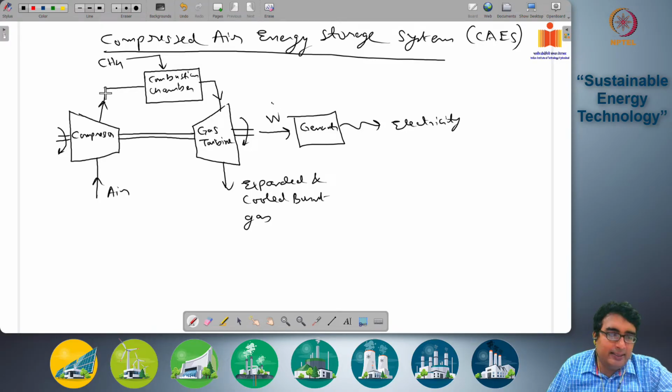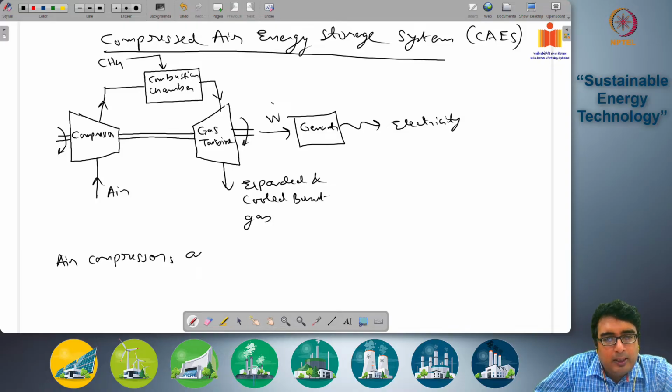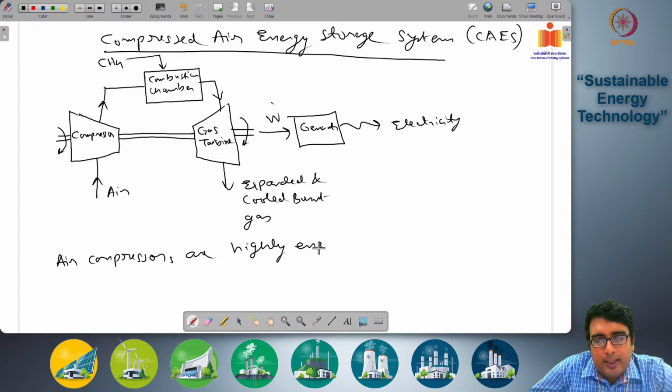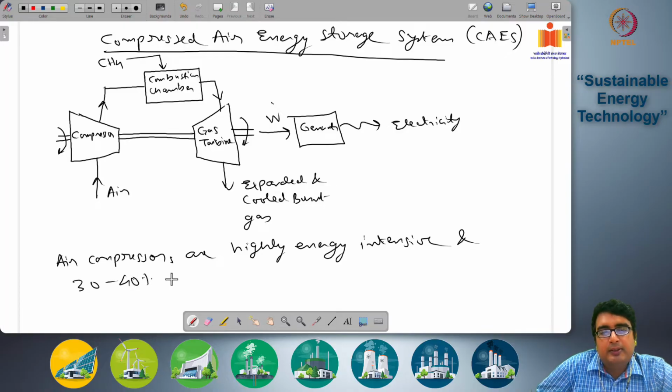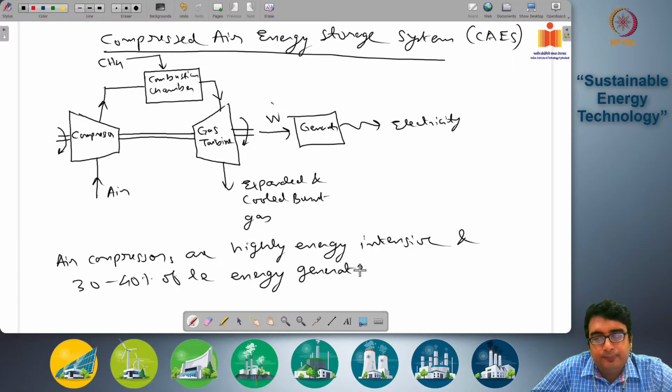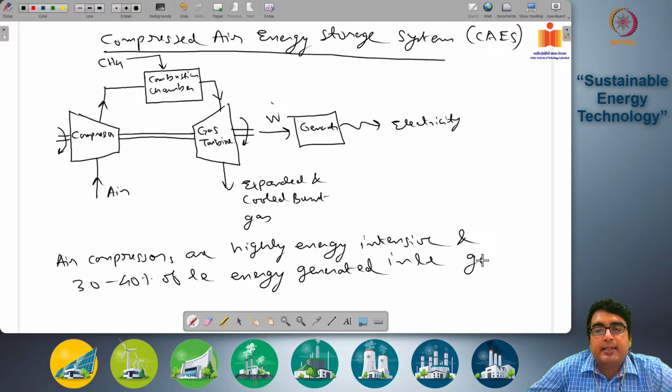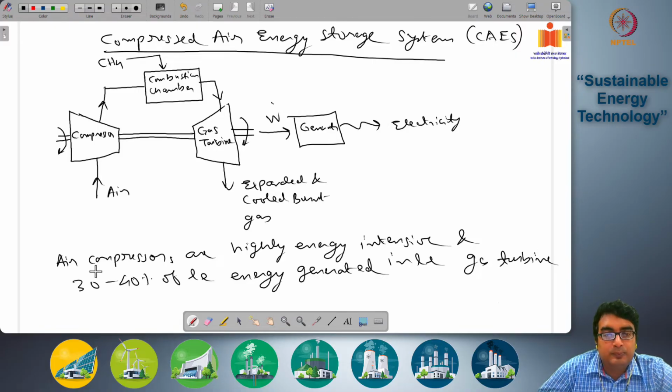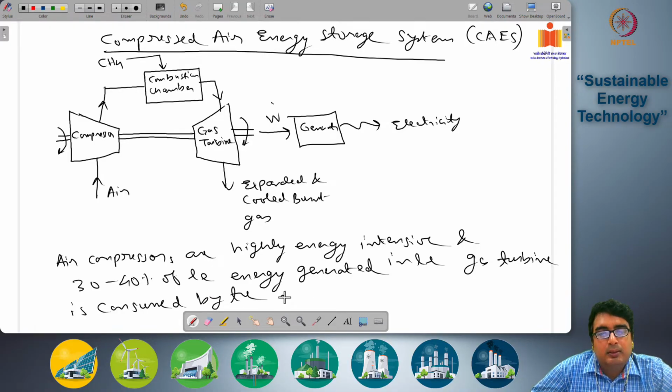Okay. So typically then air compressors are highly energy intensive, and 30 to 40% of the energy generated in the gas turbine is consumed by the compressor.